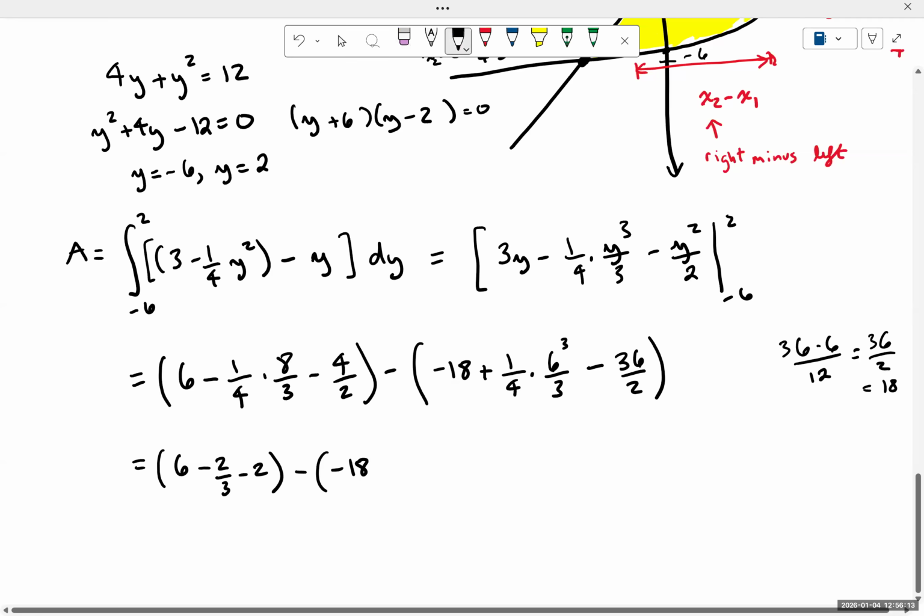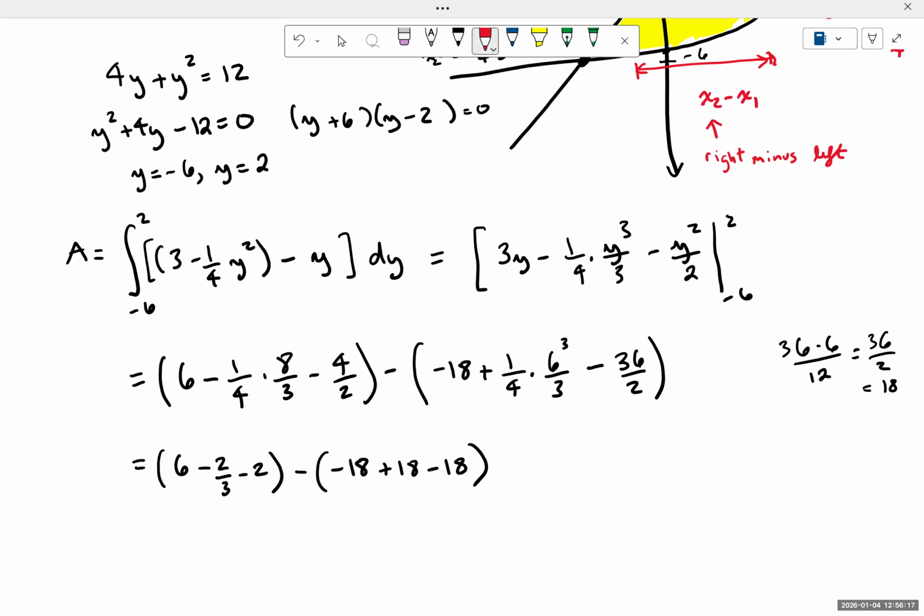So negative 18 plus 18 minus 18. So those 18s, lose them. I get 18 plus 4, 22, minus 2/3, which is 64 thirds. That's right. Okay.